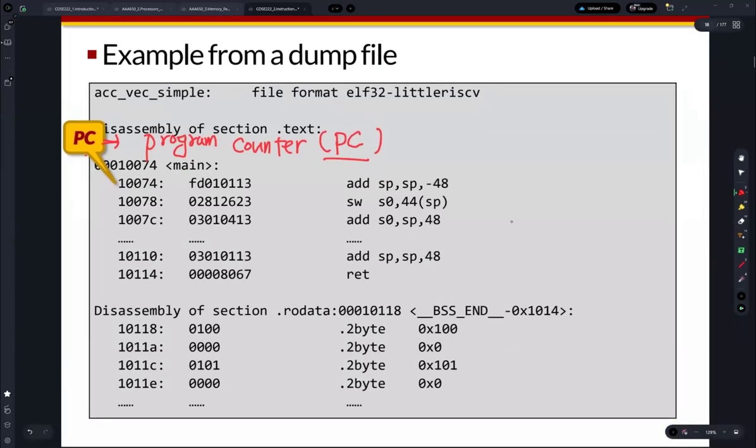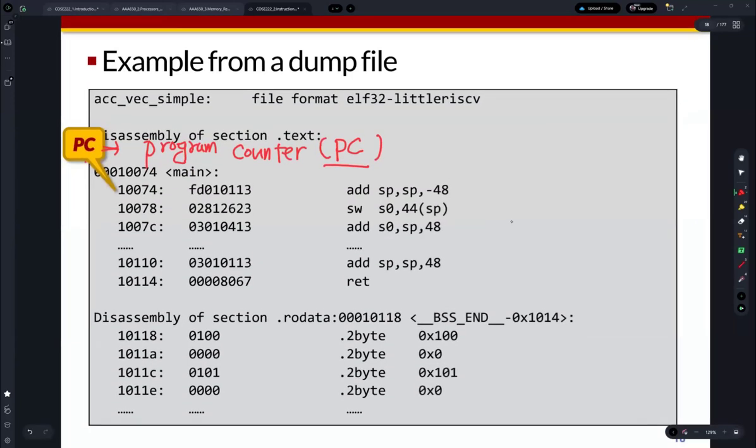This is an example of compiled code. In this example, you can find some hexadecimal numbers, also other hexadecimal numbers, and some letters.